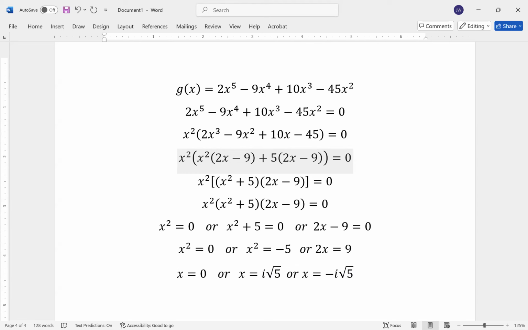I'm going to put i in the front there so it's easier to see. And then the last equation gives me an x value of 4.5.